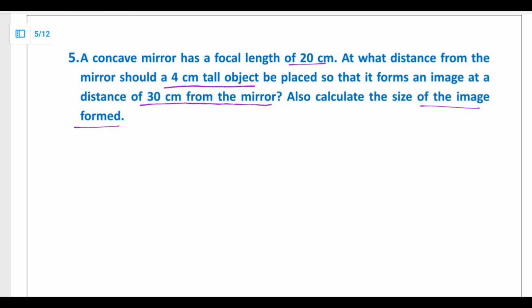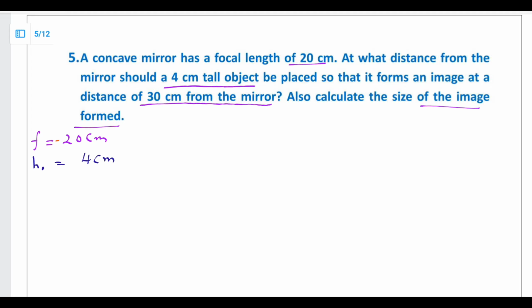Now first, the given is a concave mirror, its focal length f equals 20 centimeters. Since this is a concave mirror, apply the sign conventions. Concave means minus, convex means plus. Also the size of the object h naught equals 4 centimeters.